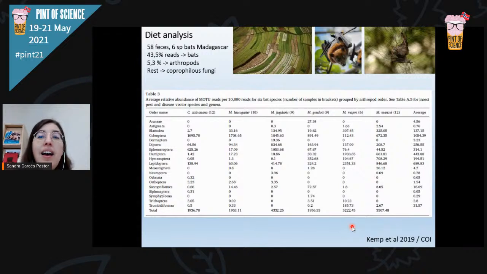Not only this, and I will jump to the bats. Here you have several bats, and you want to know what they are feeding on. They took the feces also, and they amplified the DNA. What they could see is that they were feeding on different kinds of arthropods, so they were not completely competing for the same food, which is good and helps for the biology of those species.